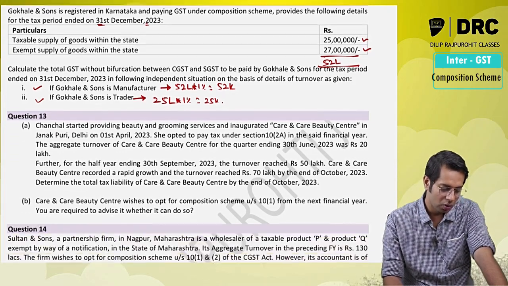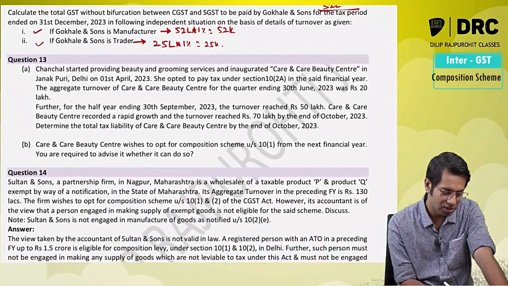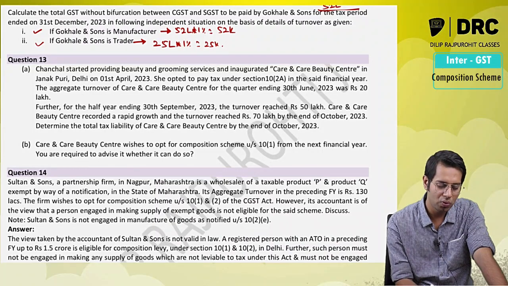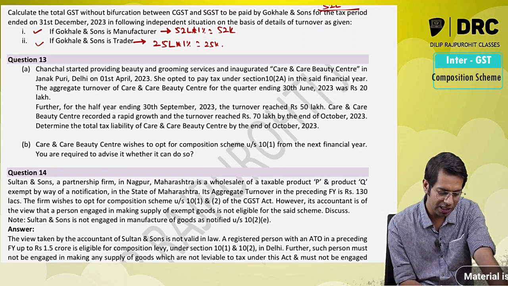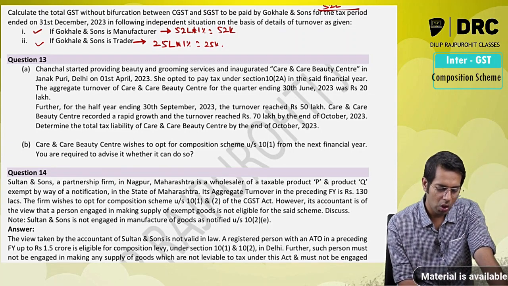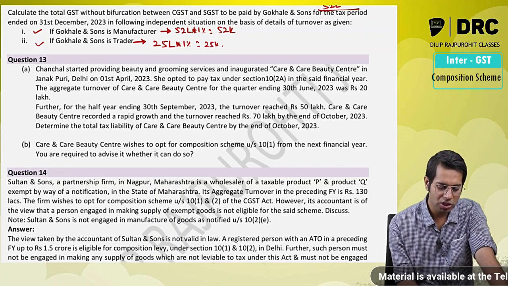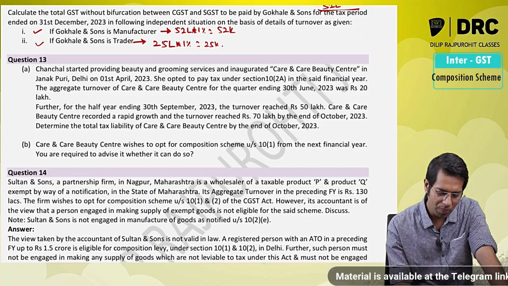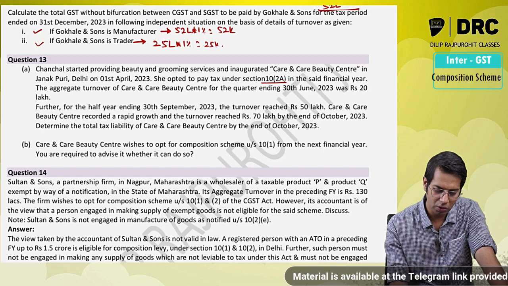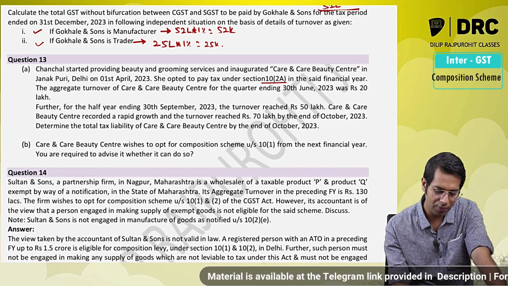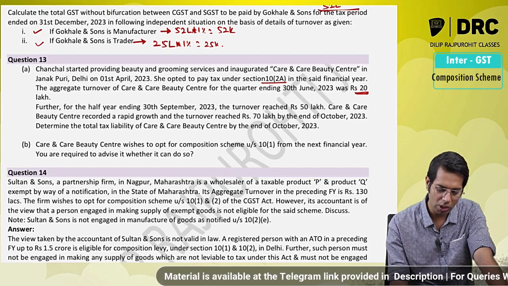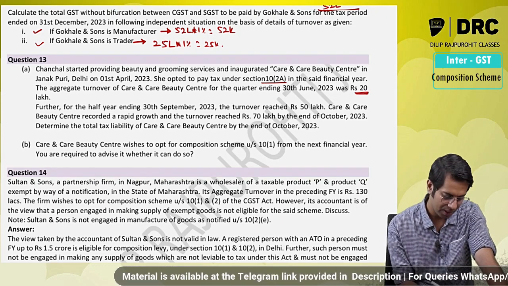Next, question number 13. Chanchal started providing beauty and grooming services and inaugurated Care and Care Beauty Center in Janakpuri, Delhi on 1st April 2023. She opted to pay tax under section 10 subsection 2a in the said financial year. The aggregate turnover of Care was 20 lakh rupees as on 30th June 2023.